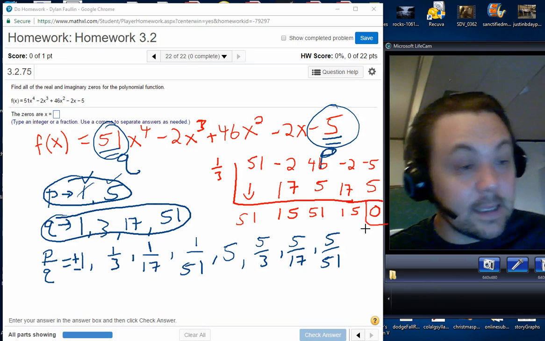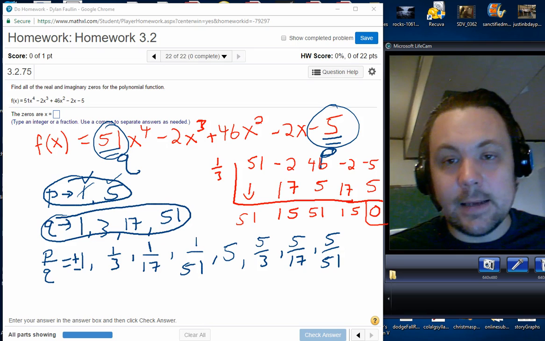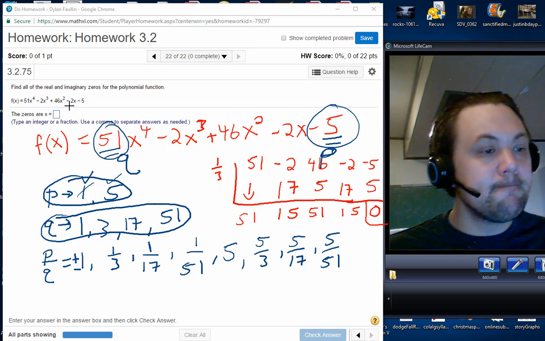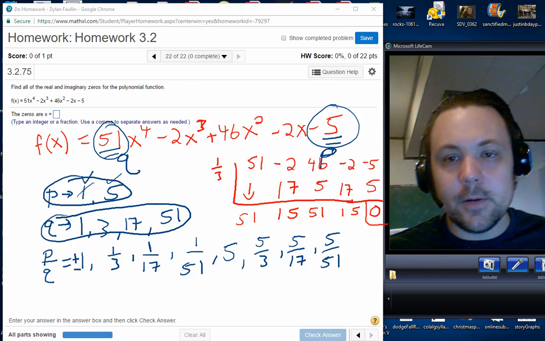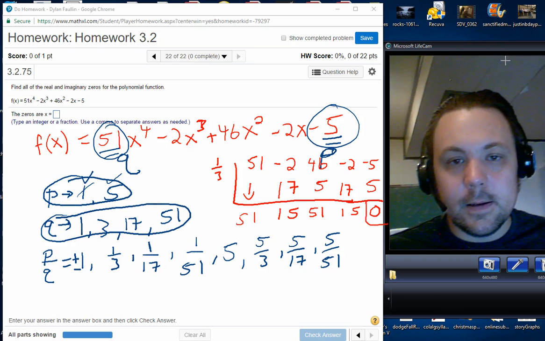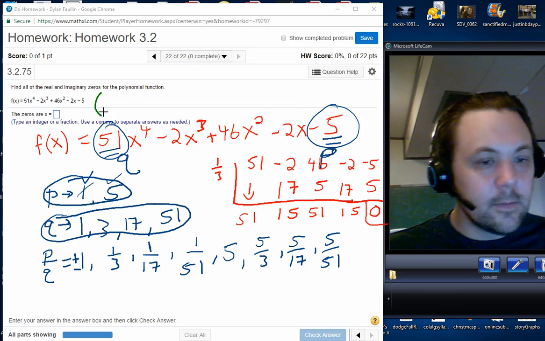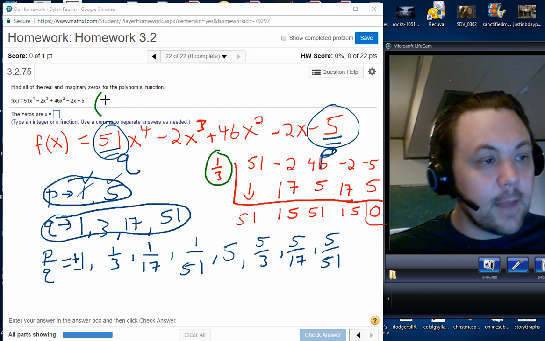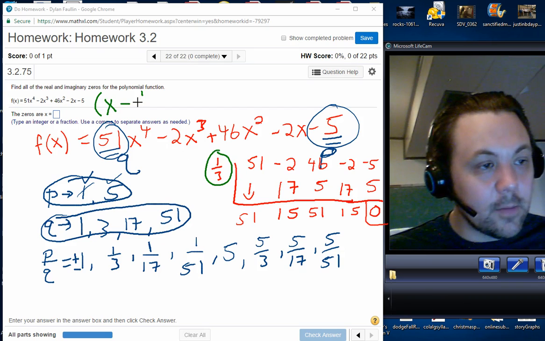So once I get a remainder of 0, I take that information and I factor down my polynomial. Let me pick a different color here. I was going to pick blue again, but let's pick green. All right. Because this is a 0, that means x minus that number has to be a factor.